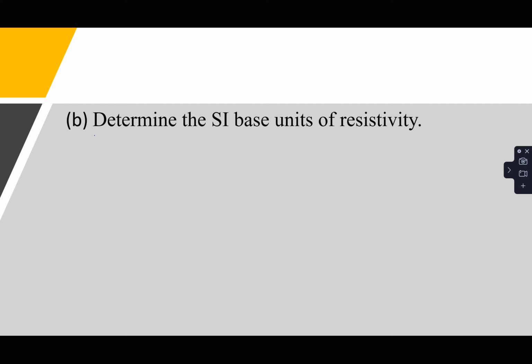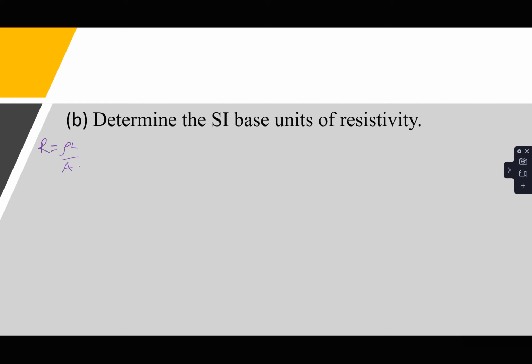So resistivity. We know from electricity that resistance is directly proportional to length and inversely proportional to cross-section area, and the proportionality constant was the resistivity. So resistance was given by rho L over cross-section area A.